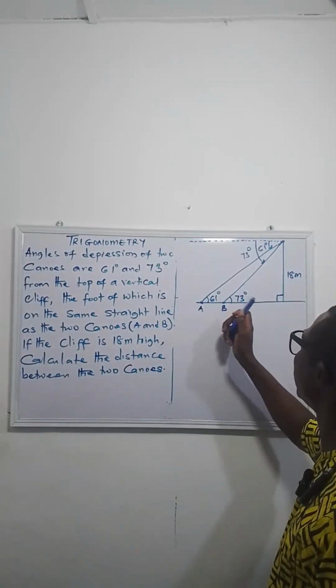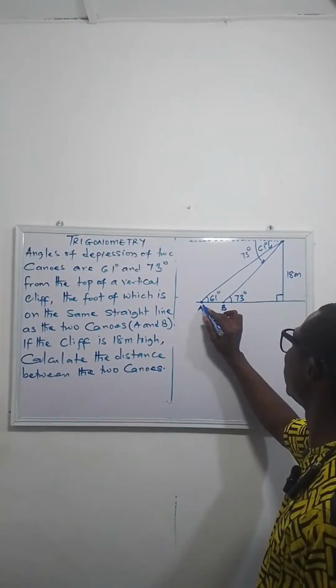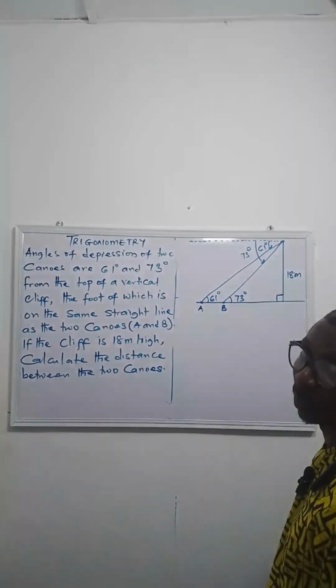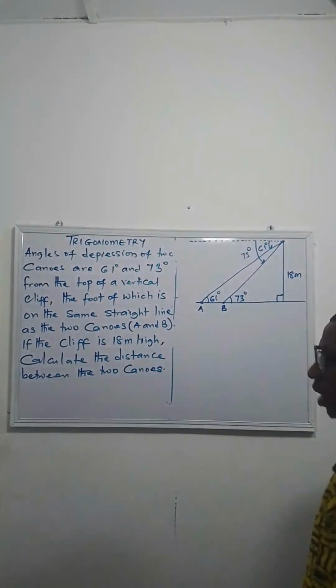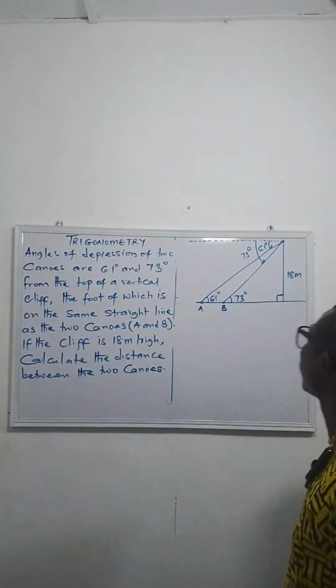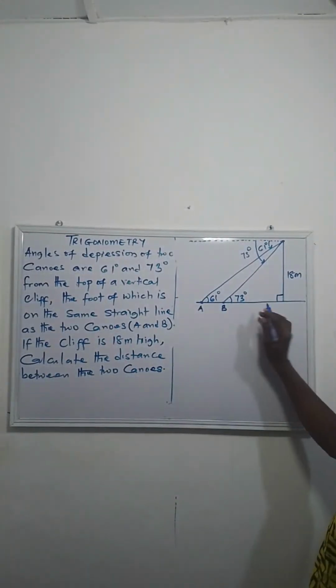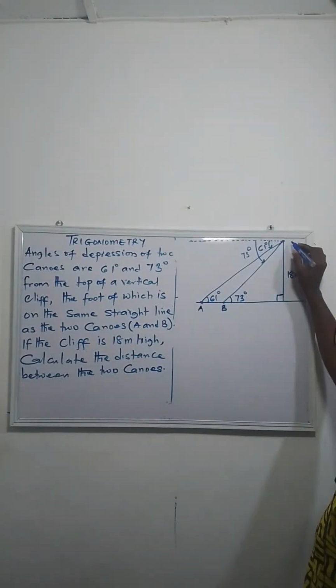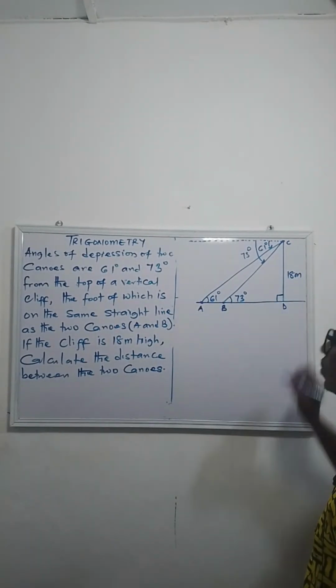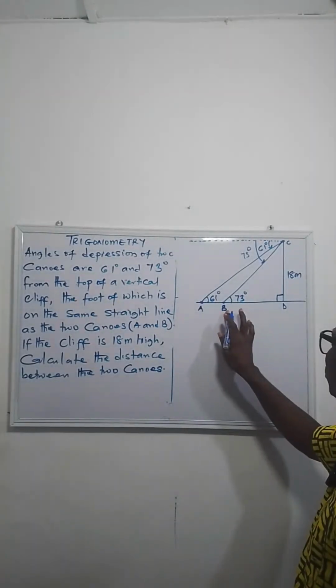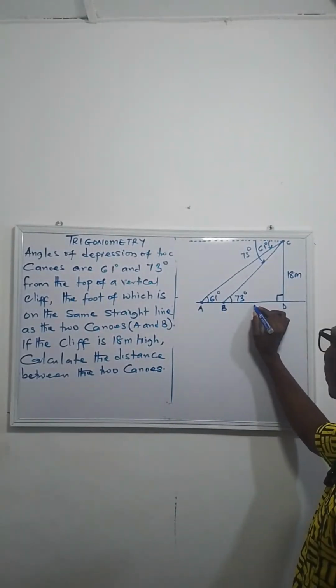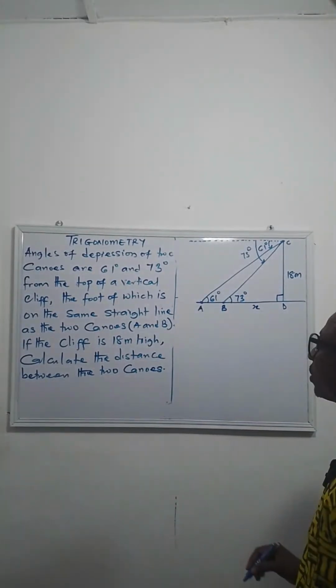So we want to get this distance, the distance between this and this. So how do we answer this question? The first thing now is to get this angle. Let's call this place C and this place D. Now BD, we can represent with x.